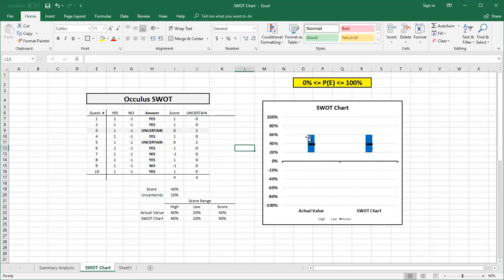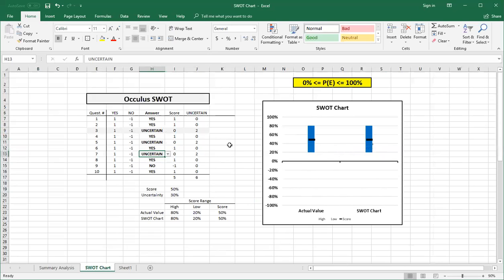So the length of this bar in the SWOT chart is directly proportional to the number of questions you answered uncertain. Let's put one more in. Change this to an uncertain as well.